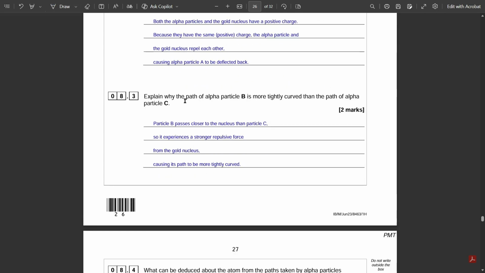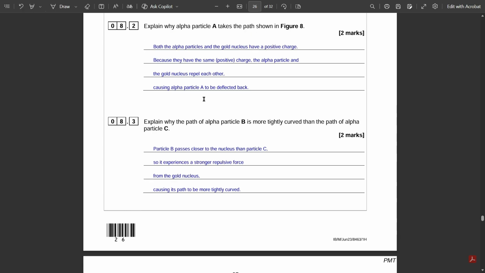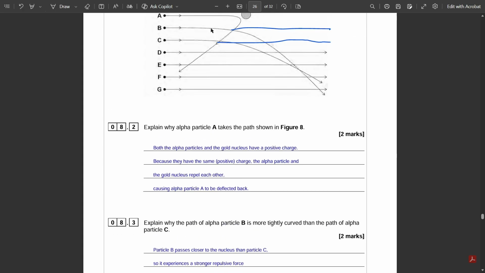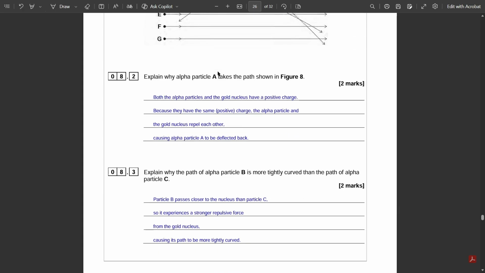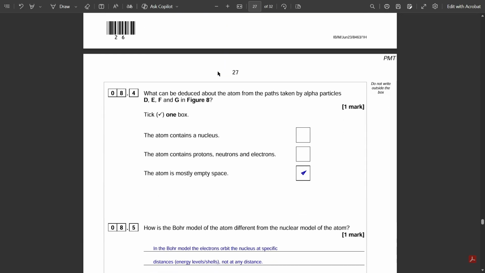And explain why the path of alpha particle B is more tightly curved than the path of alpha particle C. And that's because particle B passes closer to the nucleus than particle C, so it experiences a stronger force from the gold nucleus, causing its path to be more curved. And then what can be deduced about the atoms from the path taken by alpha particles D, E, F, and G?